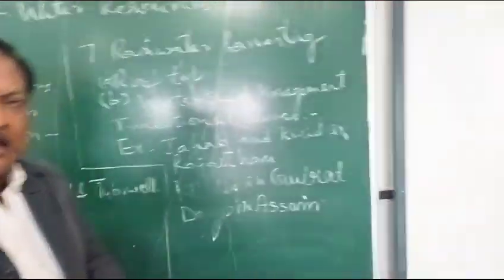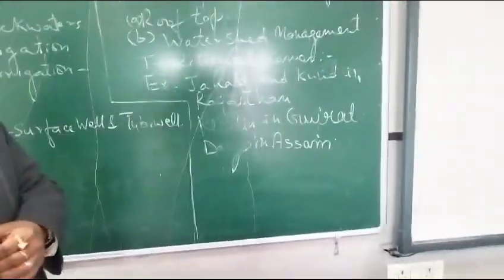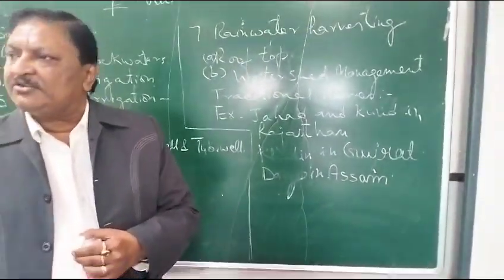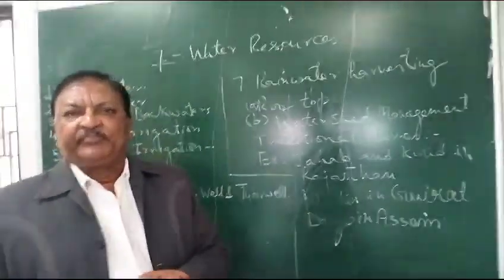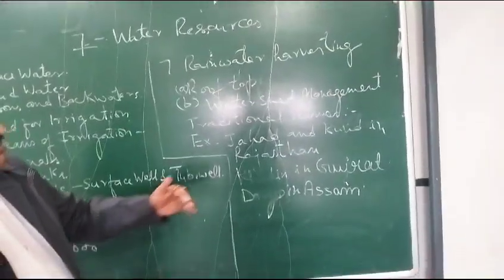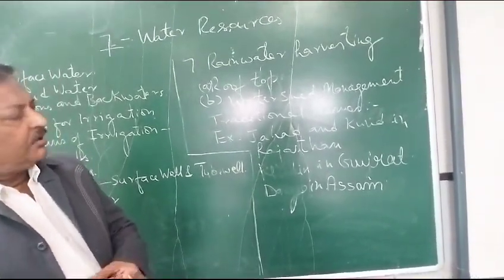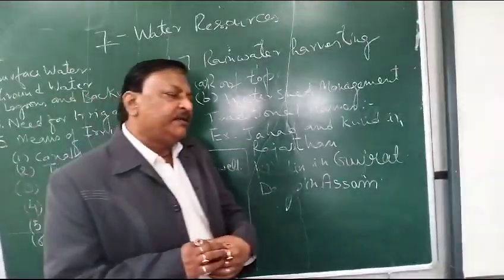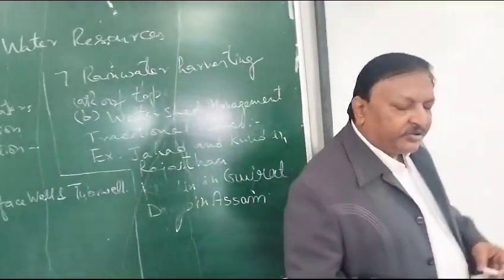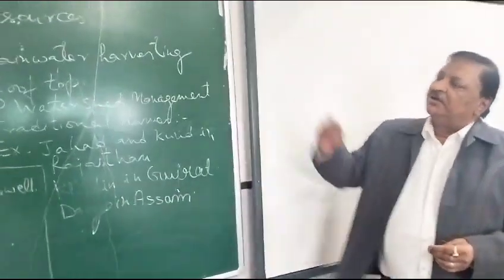And one more example I am citing is called dongs in Assam. In the Assam area, they also store water, and the traditional system prevalent there is called dong. So these are some of the names. There can be certain other traditional rainwater harvesting systems prevalent in other parts of India.